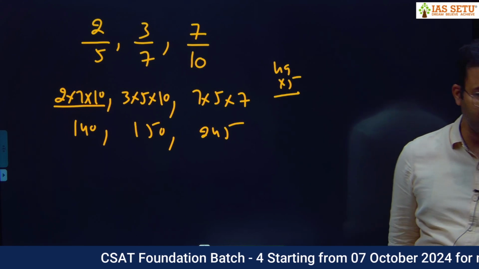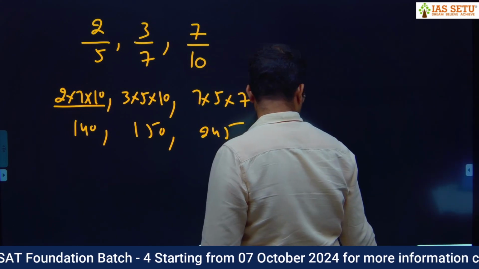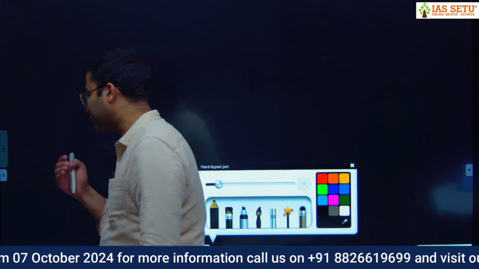Fine. But what is the main problem with this method, cross multiplication method? I tell you. I give you fractions.